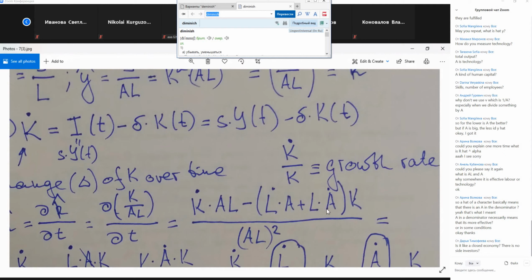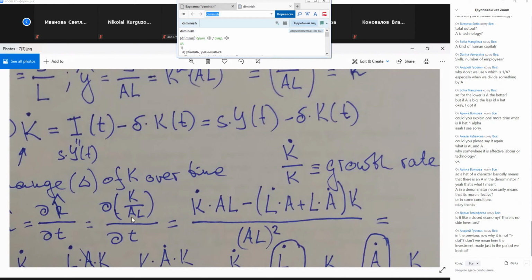This is a bit big expression, because we take the derivative of a fraction, and in the denominator we also have a product.